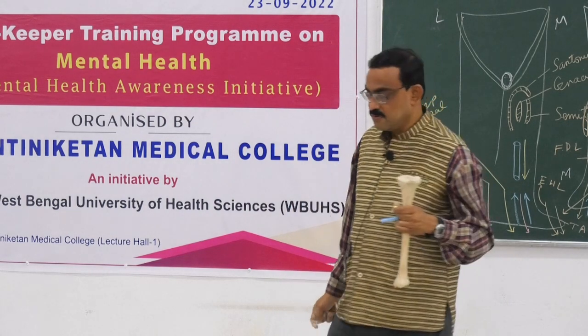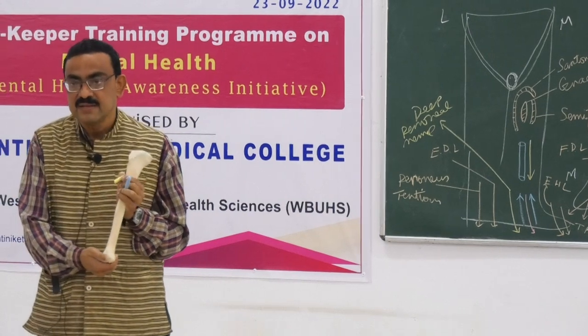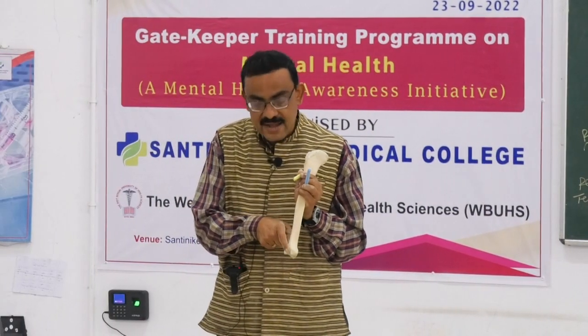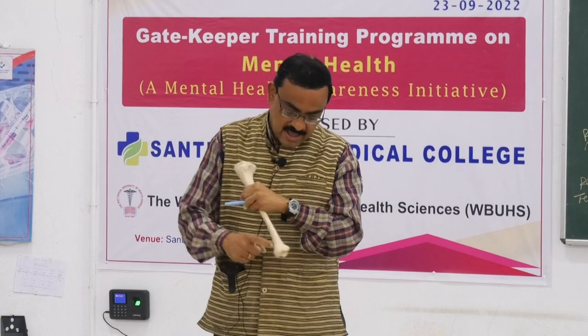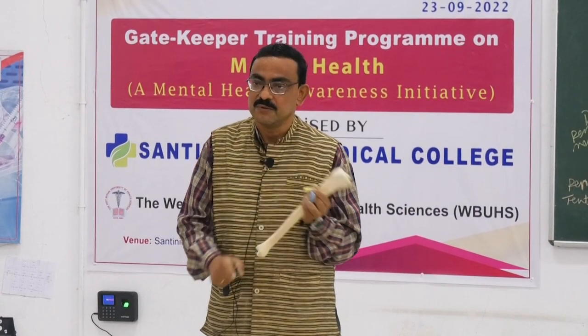So these are the structures present in front. Tibialis anterior is in front and tibialis posterior is behind the medial malleolus.